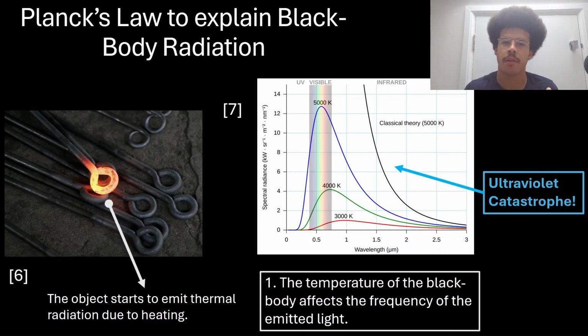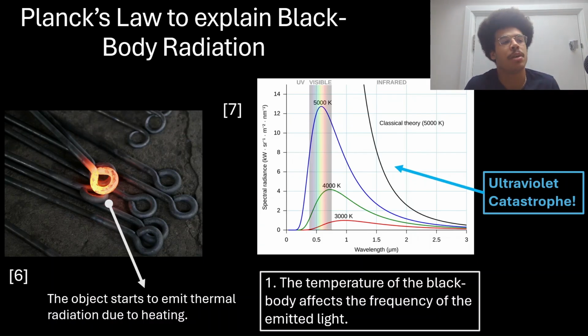But the classical theory was saying that there's no limit to the frequencies that are emitted as we increase the temperature. So for example, at 5,000 Kelvin, which isn't actually that hot, it was saying that essentially the brightness of the object would be infinite.